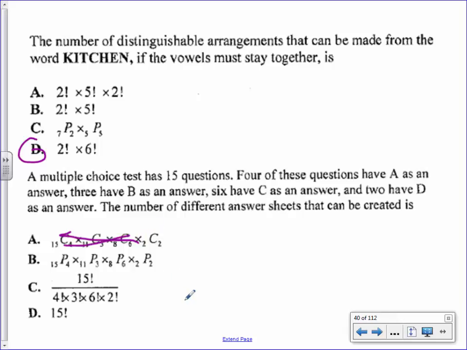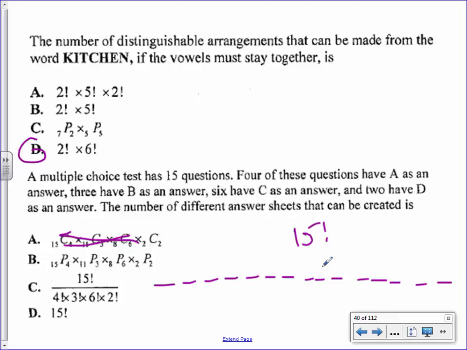Any ideas? Wait, how many questions are there? 15, right? So there's 1, 2, 3, 4, 5, 6, 7, 8, 9, 10, 11, 12, 13, 14, 15 questions. In a way, that's almost like 15 factorial.